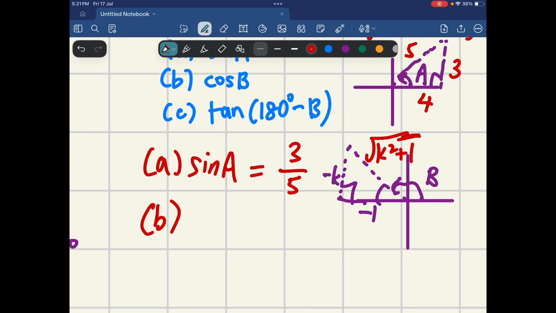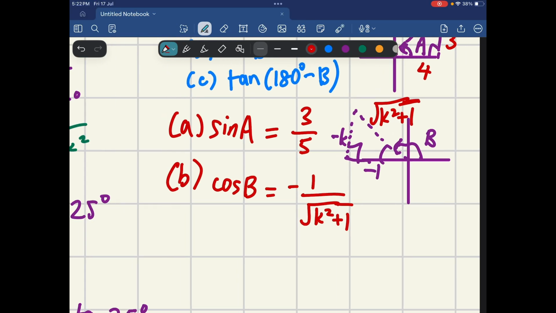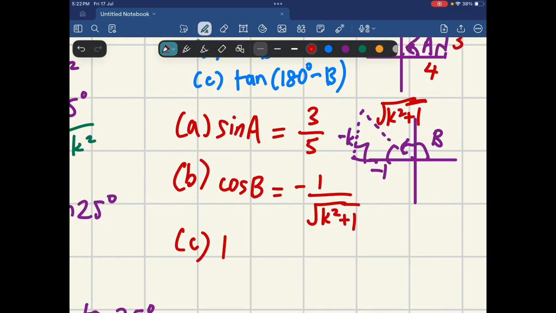So now B. Cosine of B is adjacent over hypotenuse. So it's minus 1 over square root k squared plus 1. For tangent 180 degrees minus B, it's basically this angle over here.